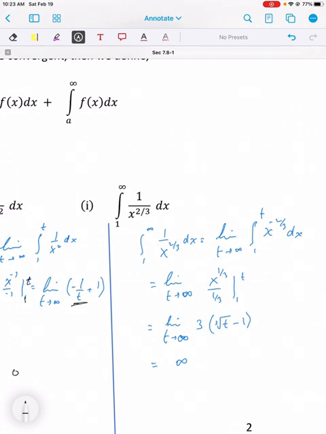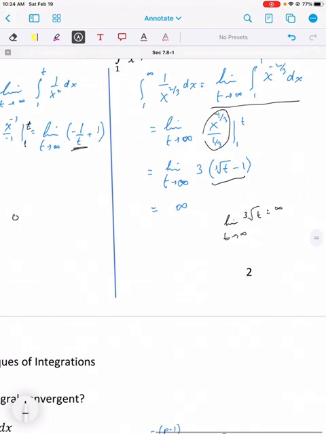Okay, now let's look at a couple of a little bit more involved examples. So here the first one is the integral from 0 to infinity of e to the minus 2x dx. The first thing you will do is write it as a limit as t goes to infinity of the integral from 0 to t of e to the minus 2x dx.